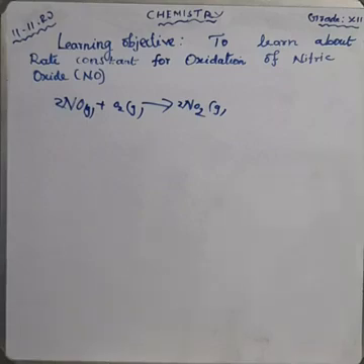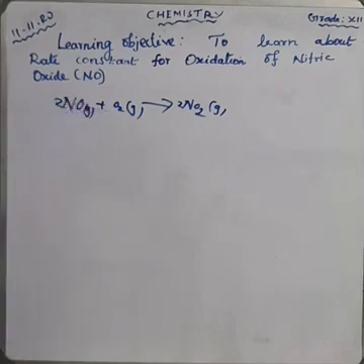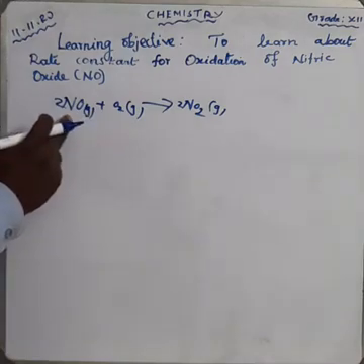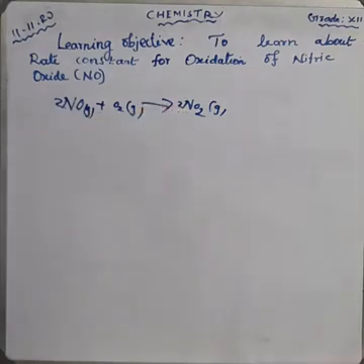Let us consider the oxidation of nitric oxide. A series of experiments are conducted by keeping the concentration of one of the reactants constant. Which are the reactants here? NO and O2 are the reactants and NO2 is the product.